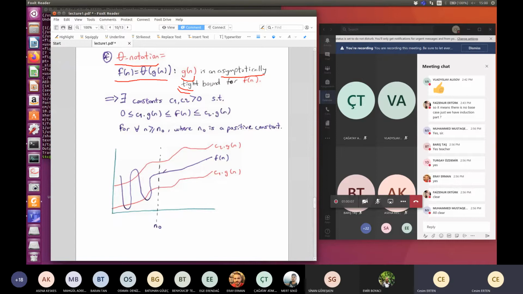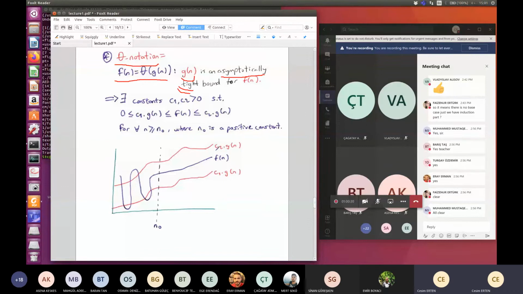Among the arithmetic comparison operators, you can think of theta notation as being equivalent to the equals operator. So in some way, we can think of f of n being almost equal to g of n.